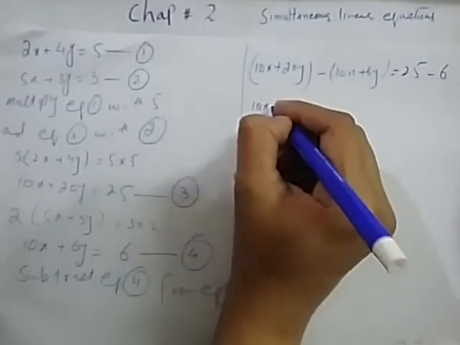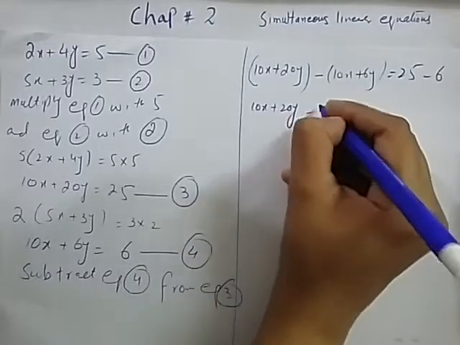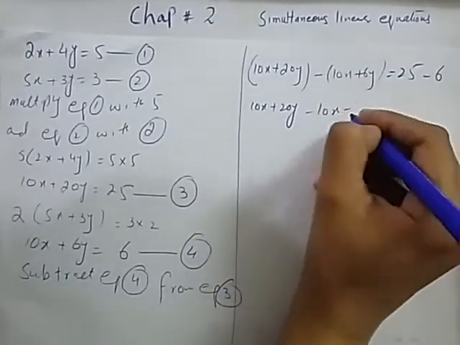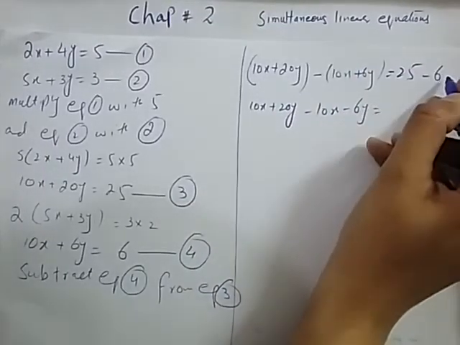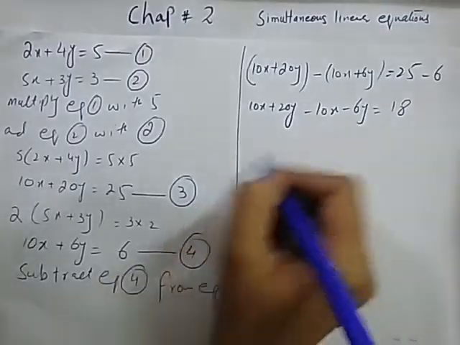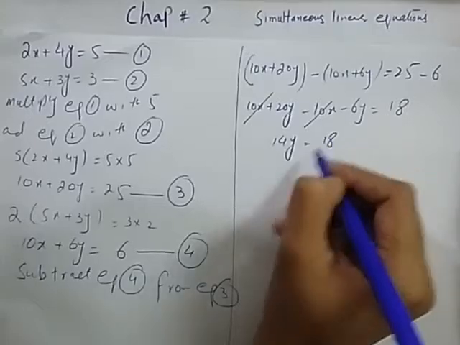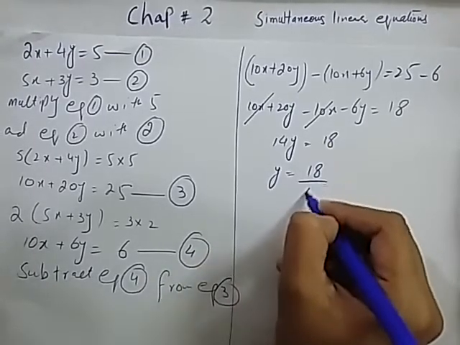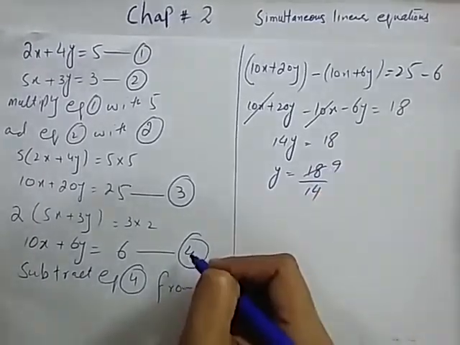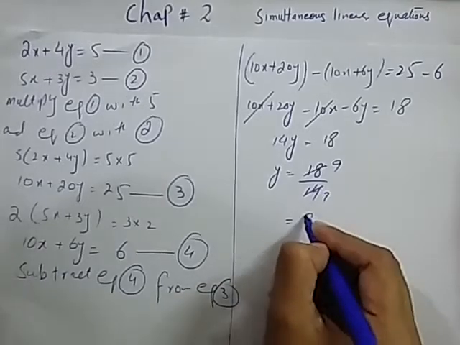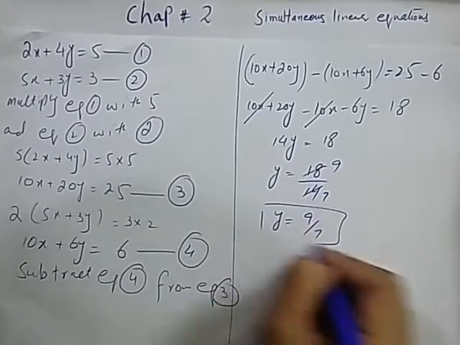Now open up the bracket. 10x plus 20y minus 10x minus 6y. So 25 minus 6 is 19. This can be cancelled with this one. So 14y is equal to 18. So y is equal to 18 over 14. You can cancel it with 2. 2 nines are 18, 2 sevens are 14. So 9 over 7 is the answer.